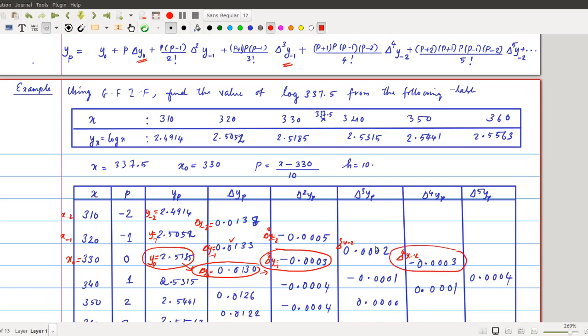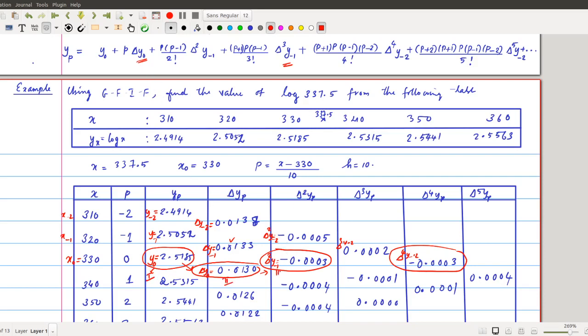Before that we have delta cube y minus 1, so we need to take this delta cube. I'll write it here. This is for the first term, and this is for the second term, that is delta y naught.